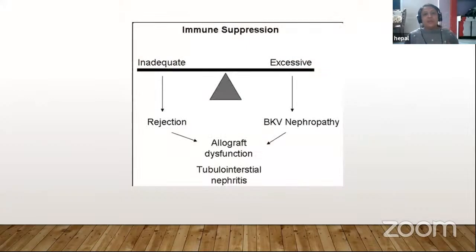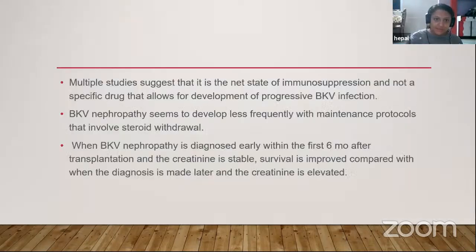Again, if there is inadequate immunosuppression, it leads to rejection and allograft dysfunction and tubulointerstitial nephritis. If there is excessive immunosuppression, it can predispose to BKV nephropathy, again allograft dysfunction and tubulointerstitial nephritis. Multiple studies suggest that it is the net state of immunosuppression and not a specific drug that allows for development of progressive BKV infection.